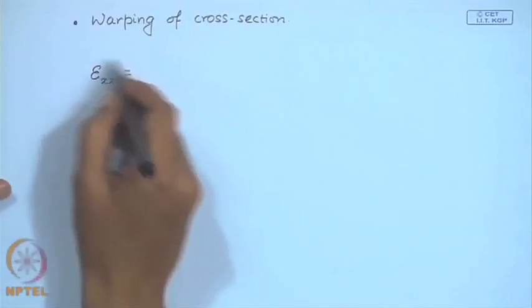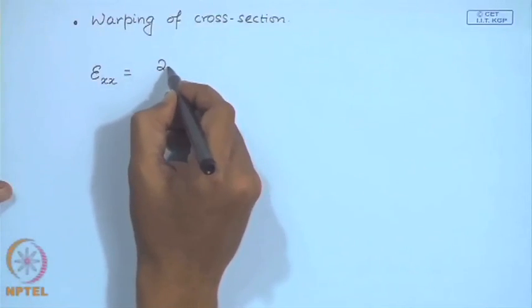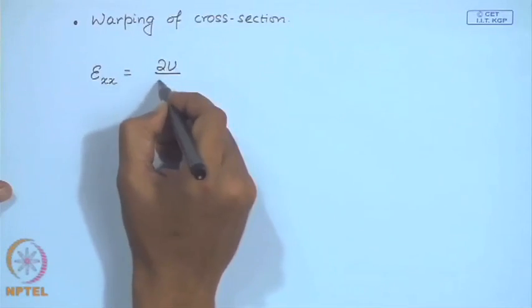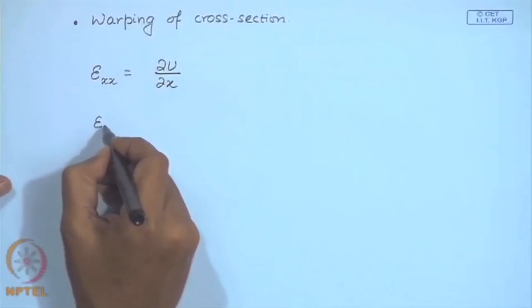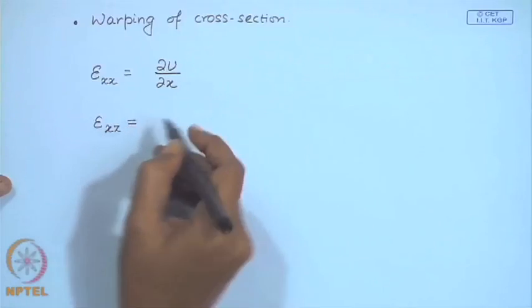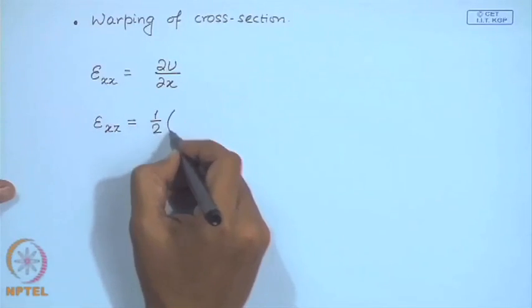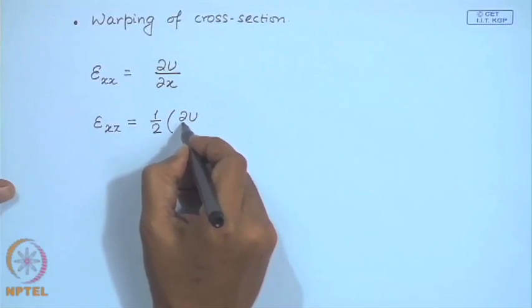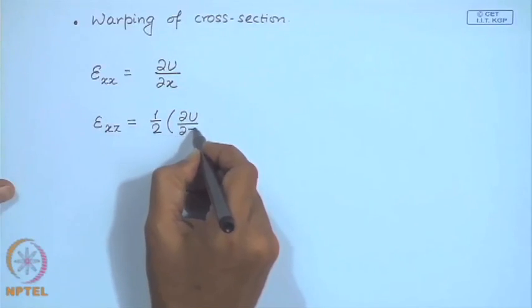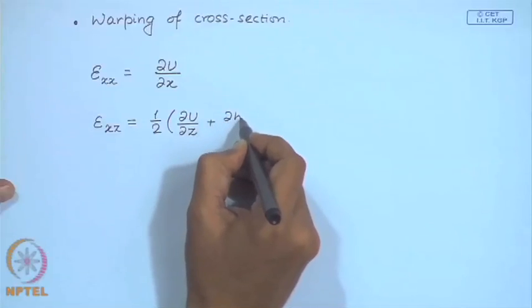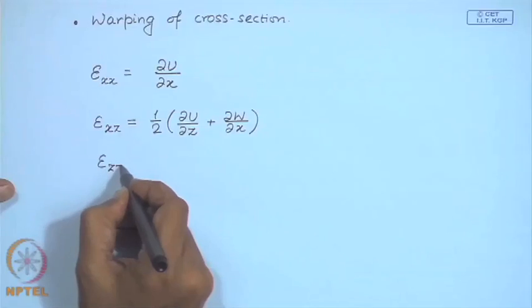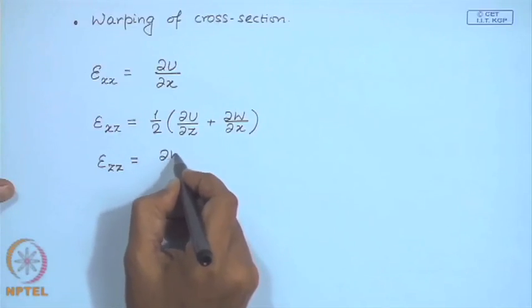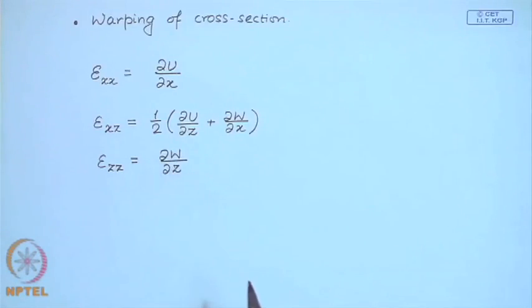For example, the axial strain can be written as del u del x, the shear strain can be written as 1/2 of del u del z plus del w del x, and the strain in the z direction can be written as del w del z.